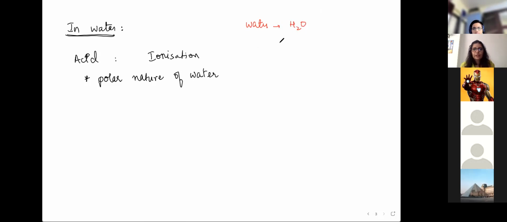So if you look at water under an electron microscope or something, like if you had to figure out the structure of water, oxygen is in the middle. This is, let's say, the oxygen atom, and it is surrounded by hydrogen atoms. So this is the shape of the water molecule.